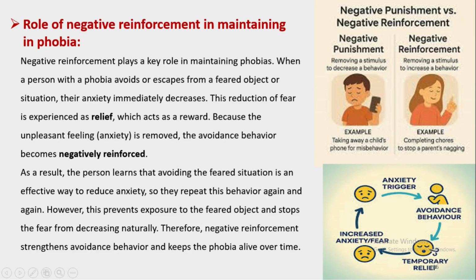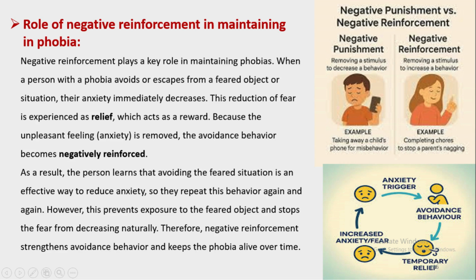So, the role of negative reinforcement in maintaining the phobia. Negative reinforcement plays a key role in maintaining the phobia. For example, when a person with a phobia avoids or escapes from a feared object or situation, the anxiety immediately decreases. This reduction of fear is experienced as relief, which acts as a reward, because the unpleasant feeling, called anxiety, is removed.